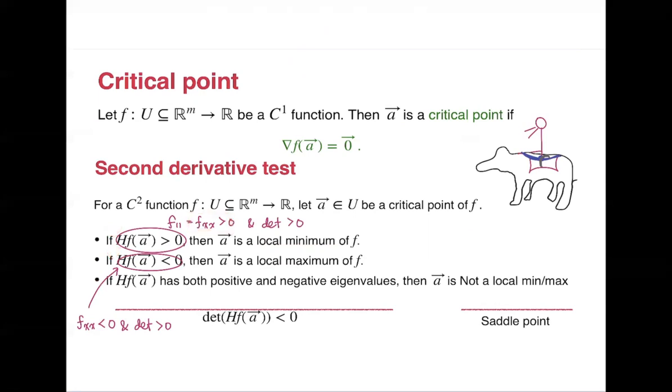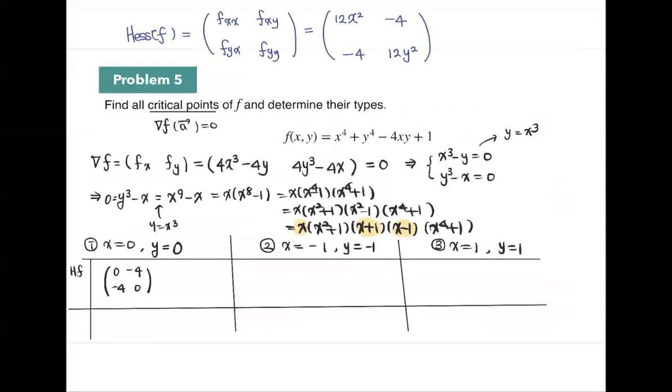But we can check the determinant. The determinant is 0 minus negative 4 times negative 4, which is negative 16.